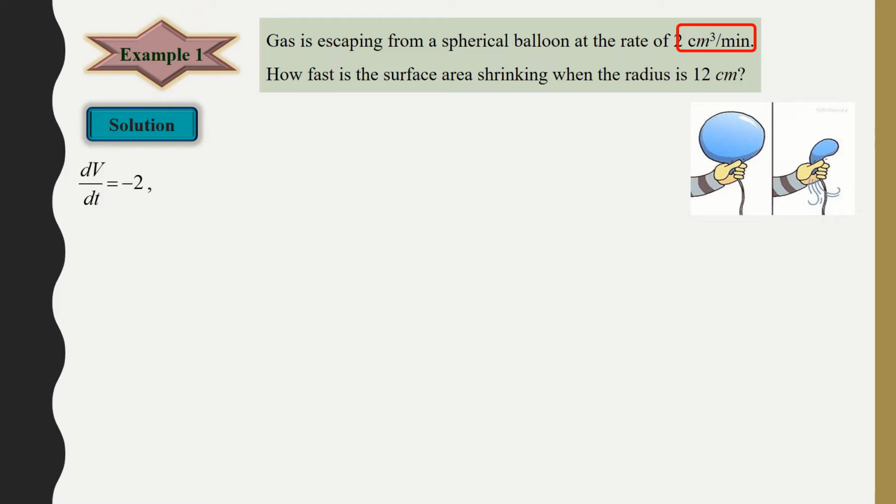It is -2 since gas is escaping from a spherical balloon, which means the volume is decreasing. Then when the radius is 12 cm, r = 12.